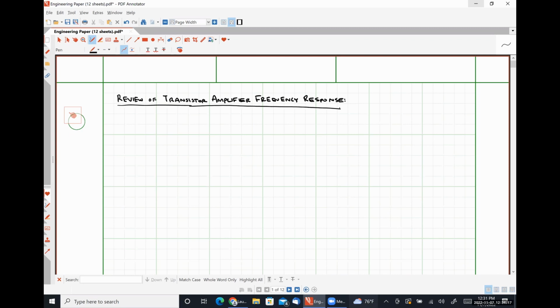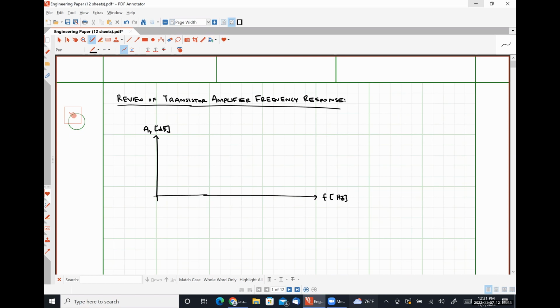So I'm going to start with a graph. Here we have our voltage gain, in decibels. And then here we have our frequency measured in hertz.